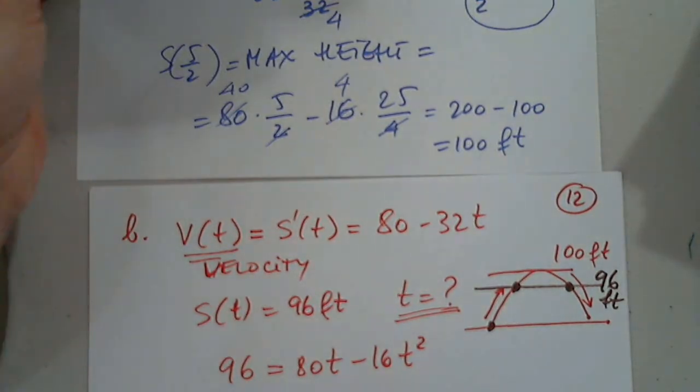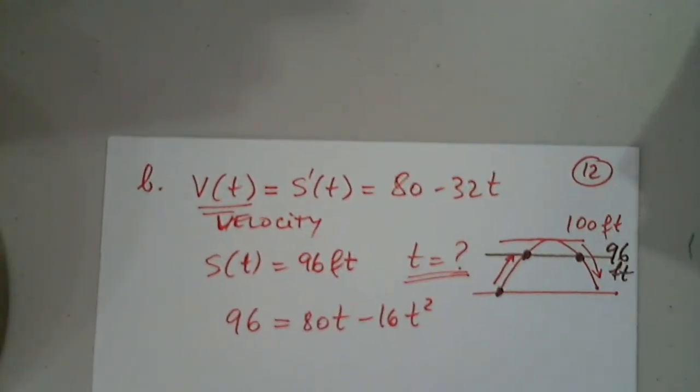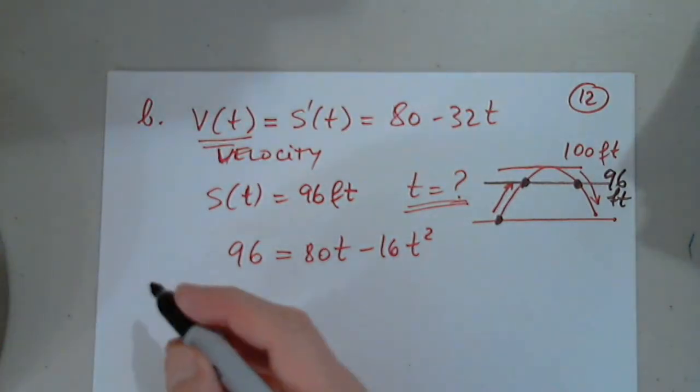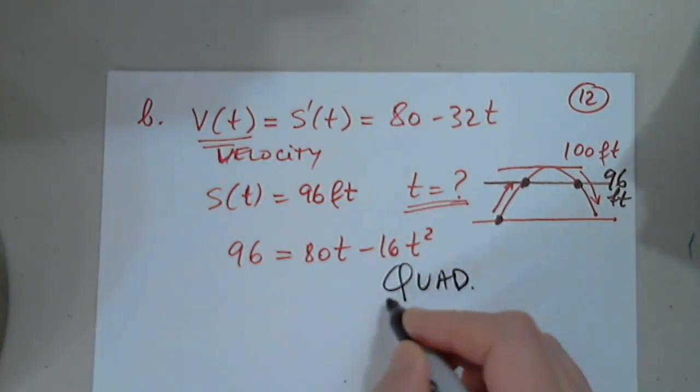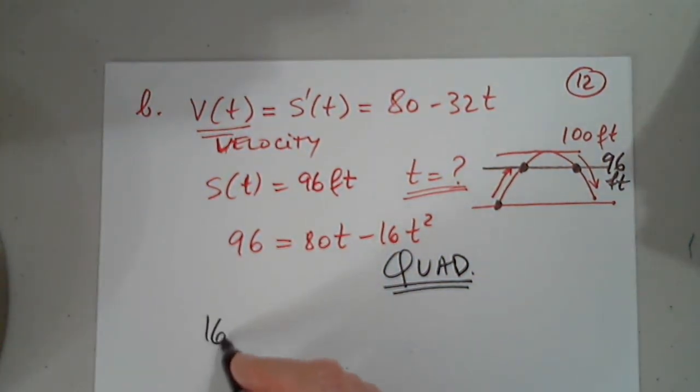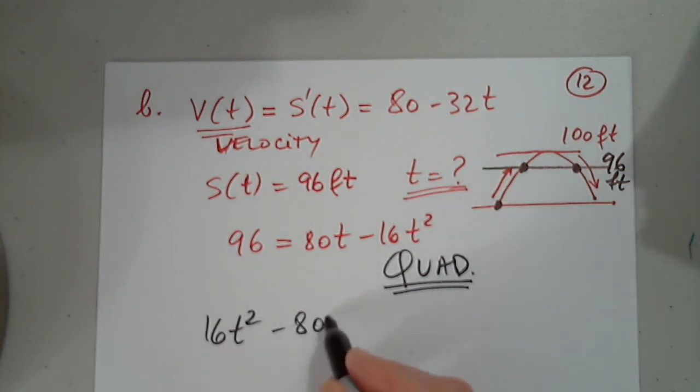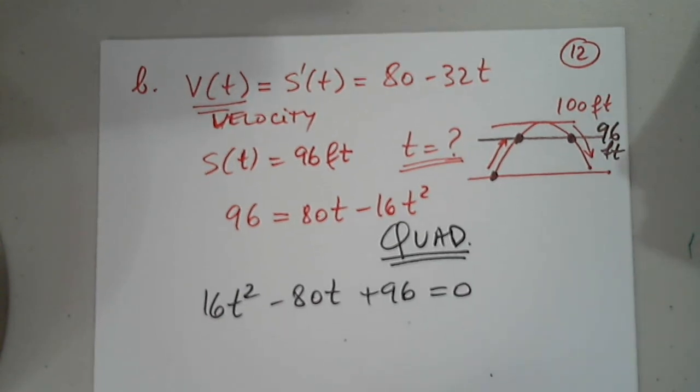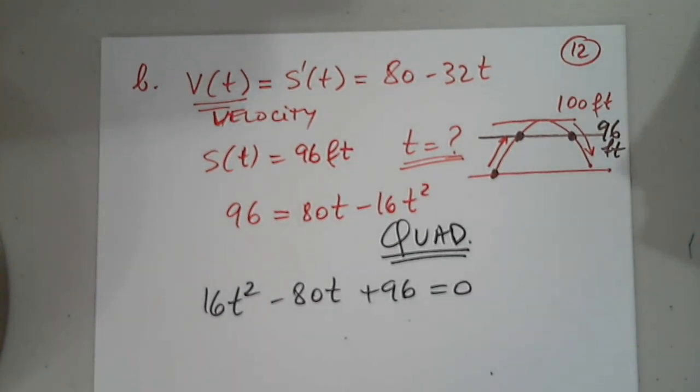So I need to solve this, and then I'll stop. So I move everything to one side. This is quadratic. Okay, 16t squared minus 80t plus 96 equals 0. I'm hoping that I can divide everything here by 16. That's my hope. And I think I can.